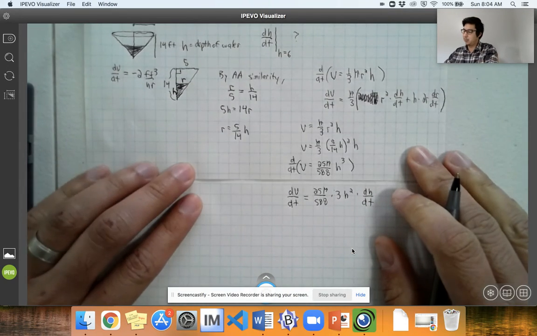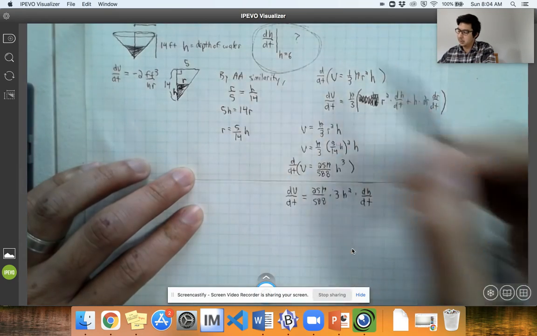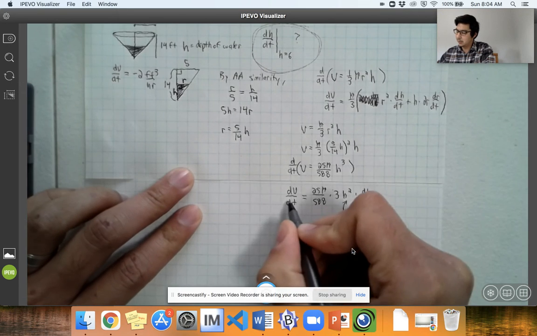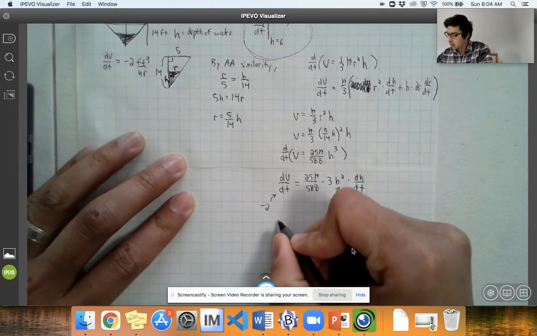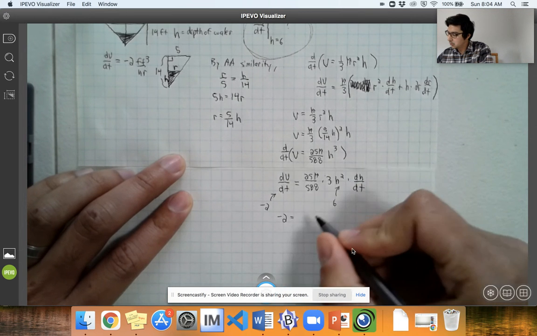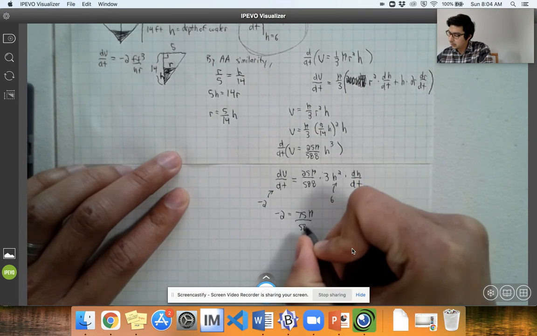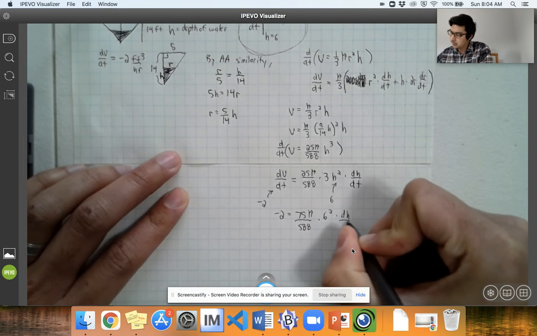And notice again in this problem, we're trying to figure out what dh/dt is when h equals 6. So we know h is 6, and then we also know that the volume was changing at a rate of -2. So if we plug all that in, we would have -2 equals 75 pi over 588 times 6 squared times dh/dt.